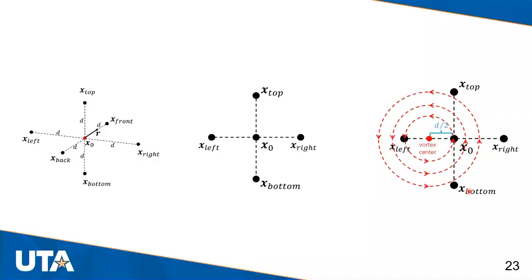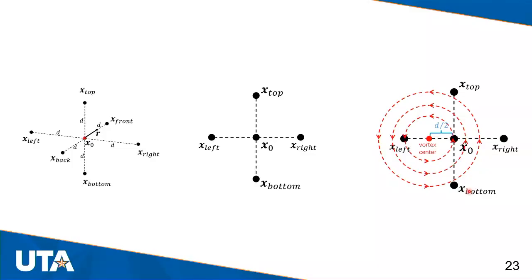And by doing this, we increase the detection distance to half d, right? If this distance is d, this figure shows the extreme situation that this method can detect x0 located at the vortex center.